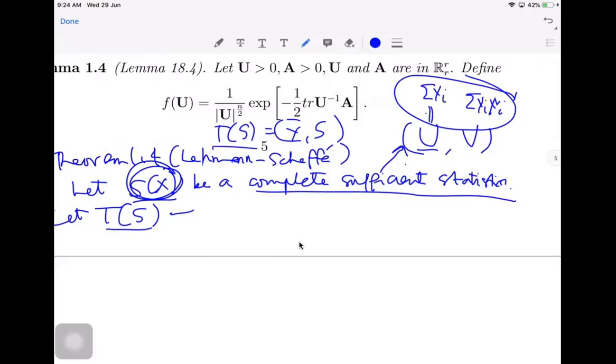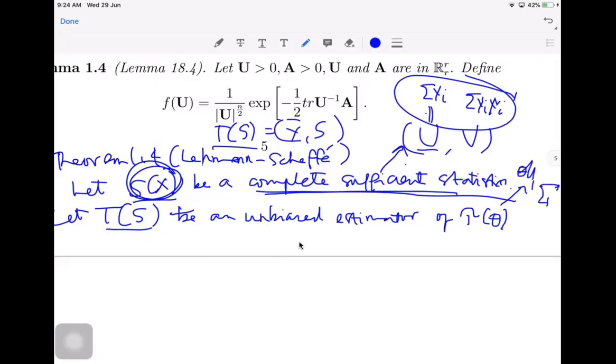Are you following? So your T of S, if it is already a complete sufficient stat and you can show that this function of your S is an unbiased estimator of a function of your parameter, so in this particular case you will have mu and sigma, then the T of S here is the MVUE of tau of theta.